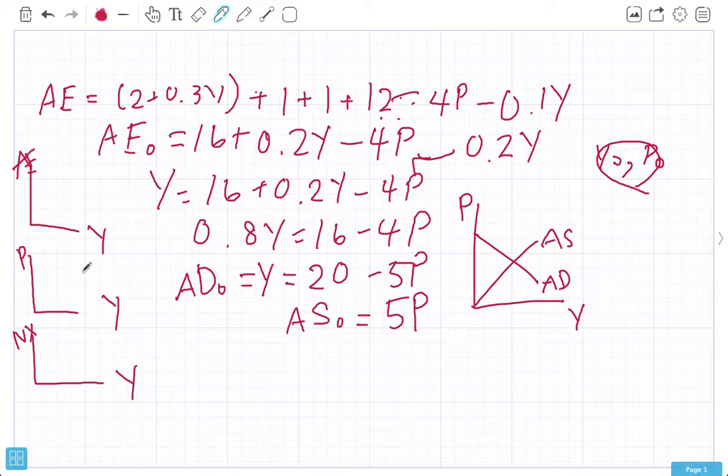And for this one, you'd probably have a 45-degree line like so, and 2 AE curves. You'd probably have 2 AD lines and 1 AS, and you'd probably have 2 net export lines like that.